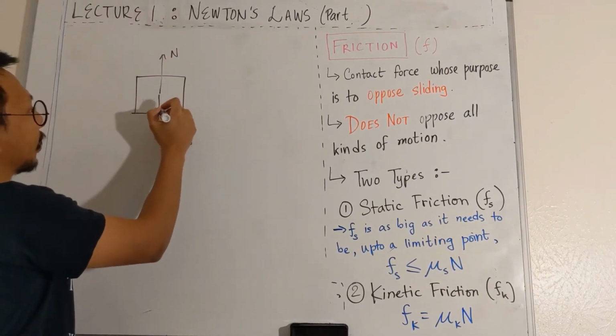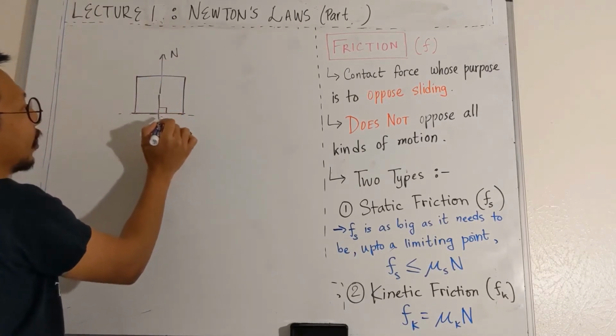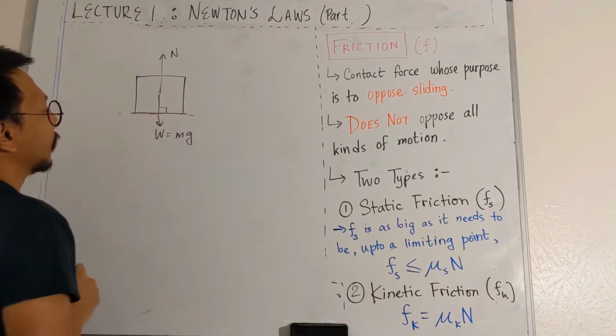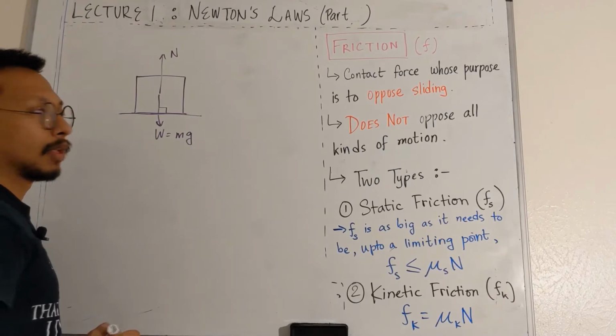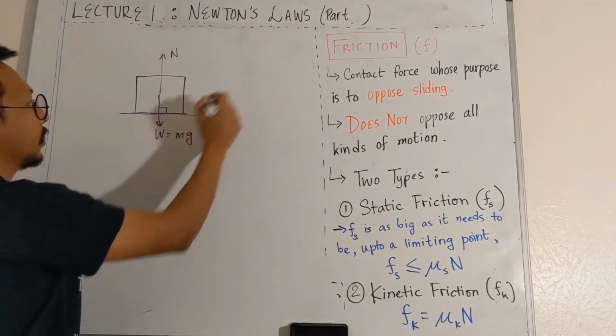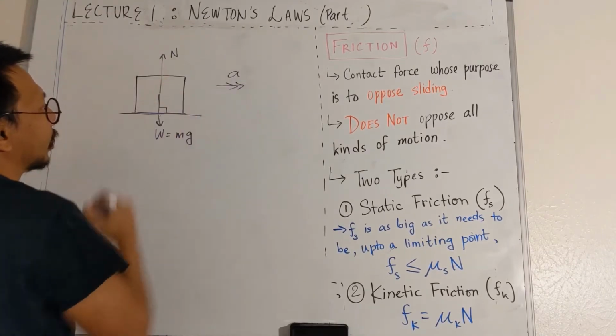And see that this is the ground and the normal force is perpendicular to the touching surfaces, the surface of the box here and the ground it is sitting on, and the normal force is perpendicular to it. Then let's say you want to move it in this direction, so you want to make it accelerate in this direction.